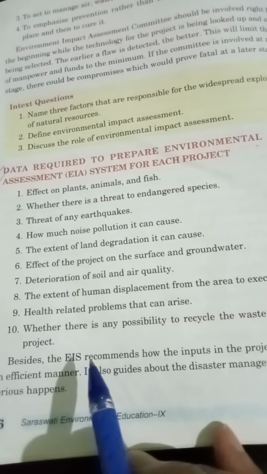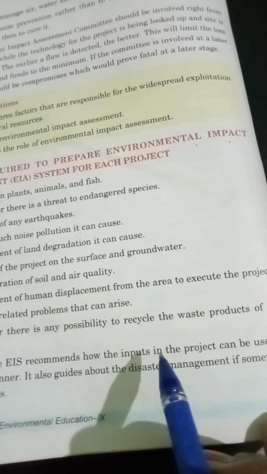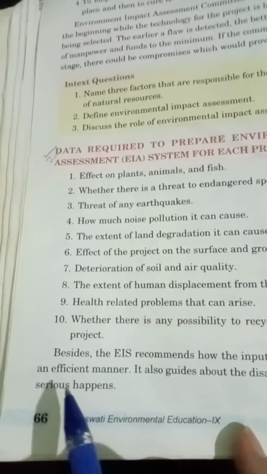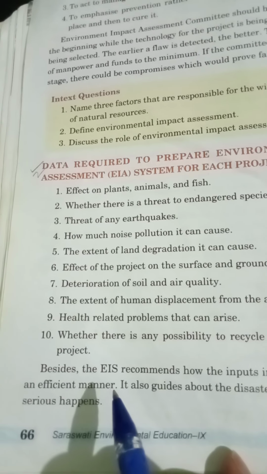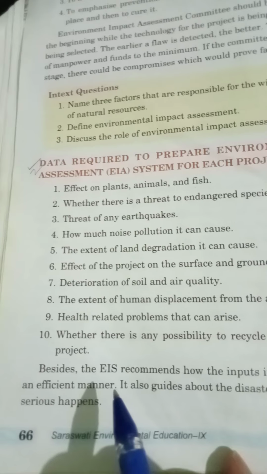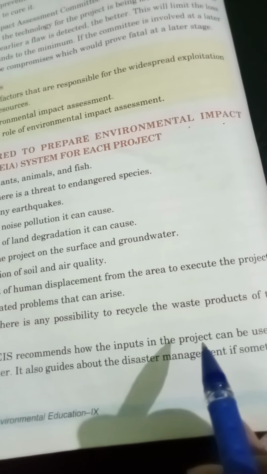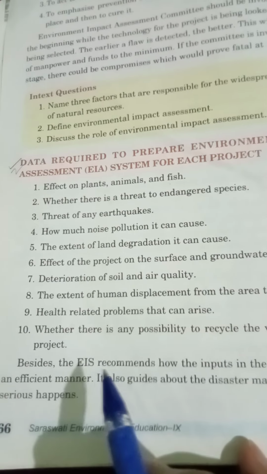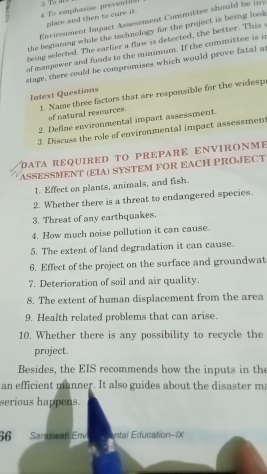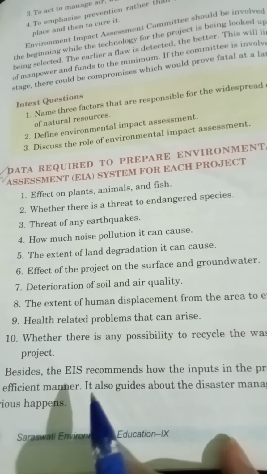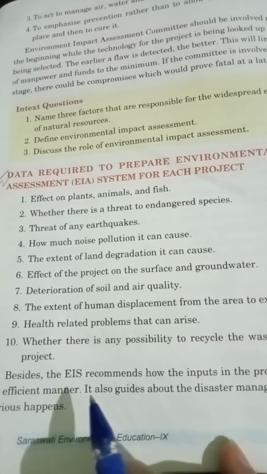Besides, the EIS, Environmental Impact Statement, recommends how the inputs in the project can be used in an efficient manner, in a very positive way, for the betterment of the people and without harming the environment.